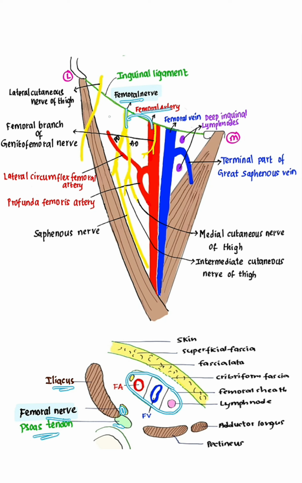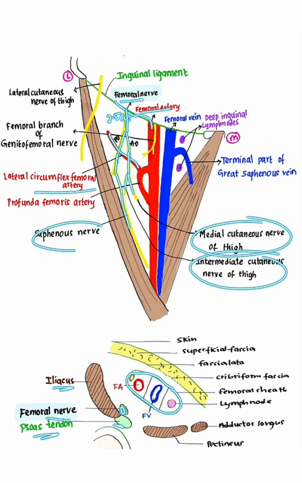After passing 2.5 centimeters below the inguinal ligament, femoral nerve divides into anterior and posterior divisions. Between the two divisions, lateral circumflex femoral artery passes. Anterior division gives two cutaneous branches: intermediate cutaneous nerve of thigh and medial cutaneous nerve of thigh. Posterior division gives one cutaneous branch, saphenous nerve.